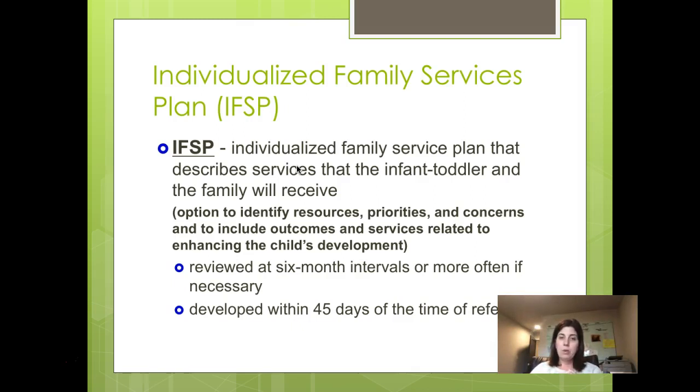But it describes the services that the infant, toddler, and family will receive. And again, it's developed within 45 days of the time of referral. So just like an IEP has very specific deadlines, IFSPs also have deadlines that the team needs to follow.